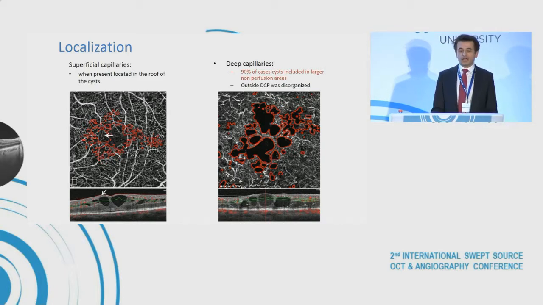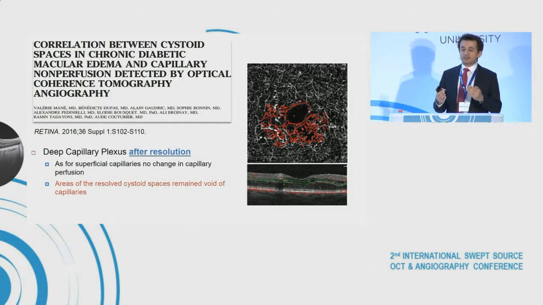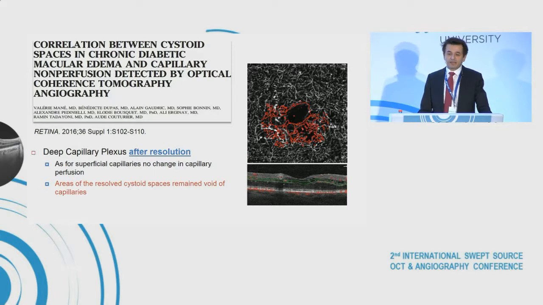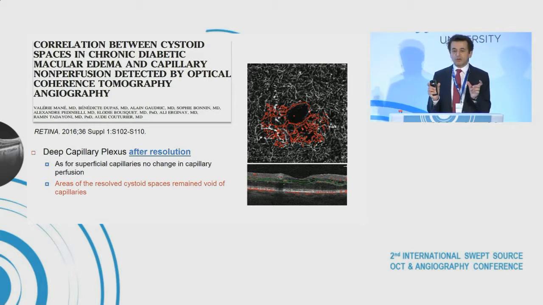But what was more interesting is that when the edema resolved, you don't find the capillaries of the deep capillary plexus coming back in the area of the cyst. And as Rick said, the edema comes back in the same area later on. So it seems that there is a co-localization of loss of capillaries and appearance of cysts.